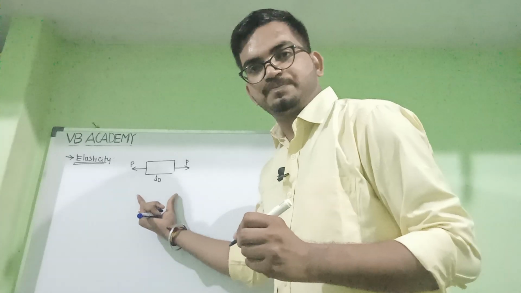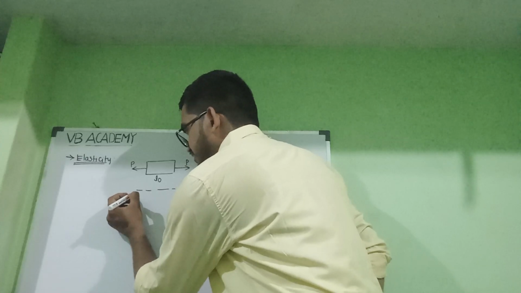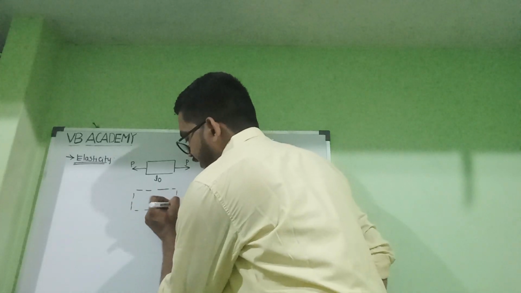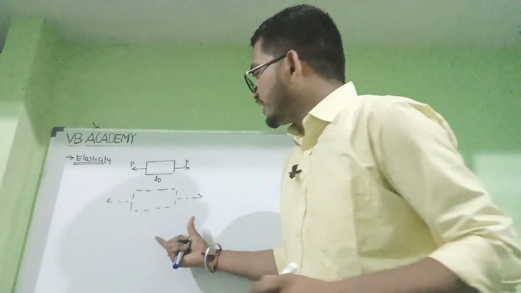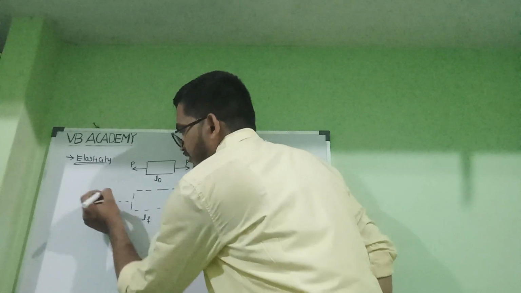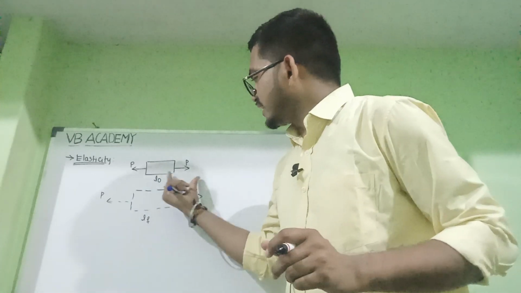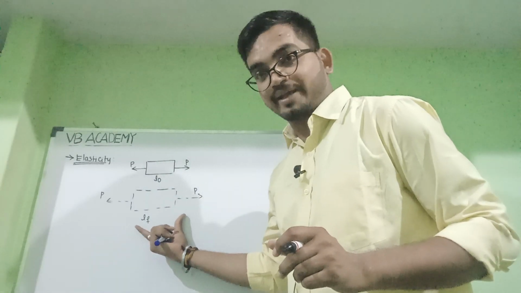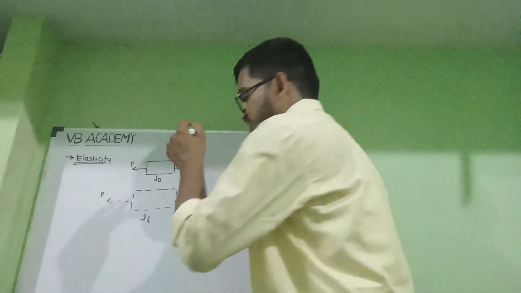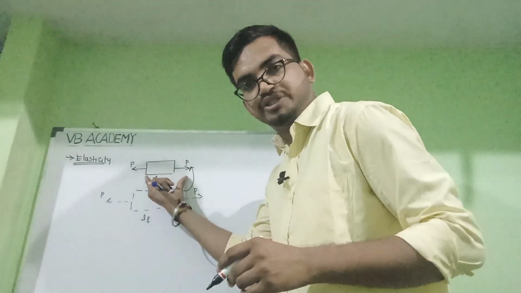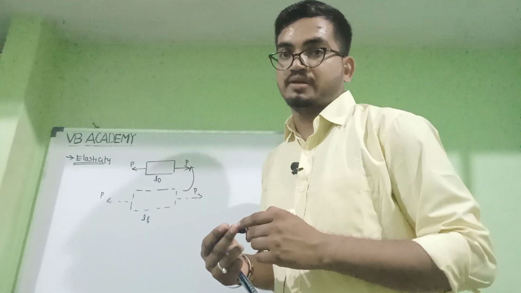When the external pulling force is applied on this body, the body gets elongated like this, and the length will be say LF, the final length. This is the initial length and this is the final length. After applying, if you remove this load and the body takes its original position, then that body is known as an elastic body. Clear?